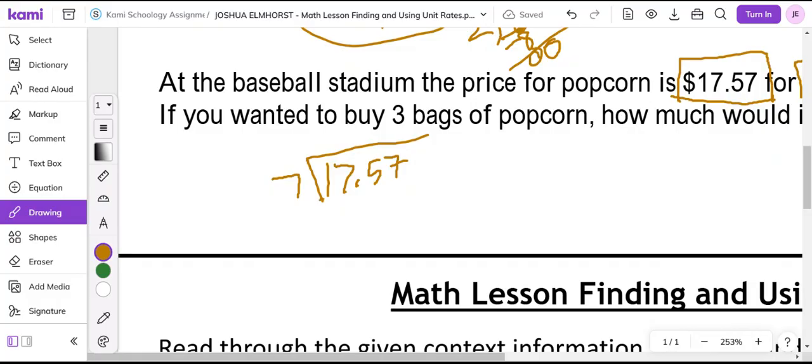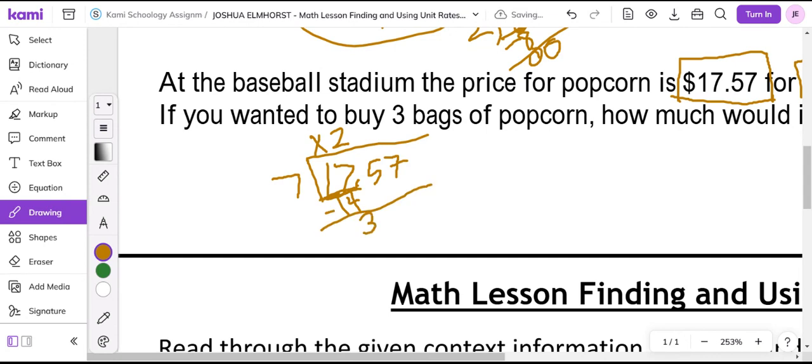I'm going to zoom in here a little bit. So just looking at the first digit, how many 7s go into 1? Now we're going to go to the second digit. How many 7s go into 17? 2 times 7 is 14. And we have 3 left over.